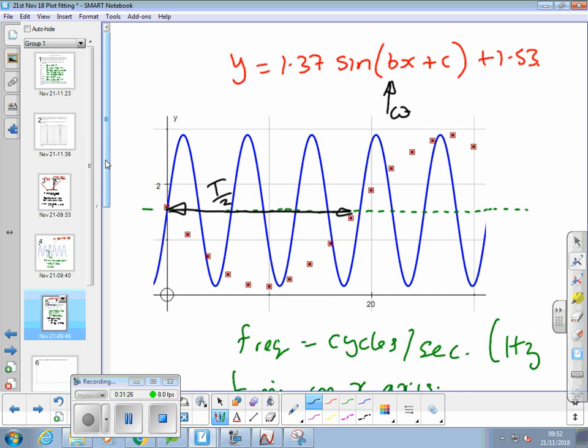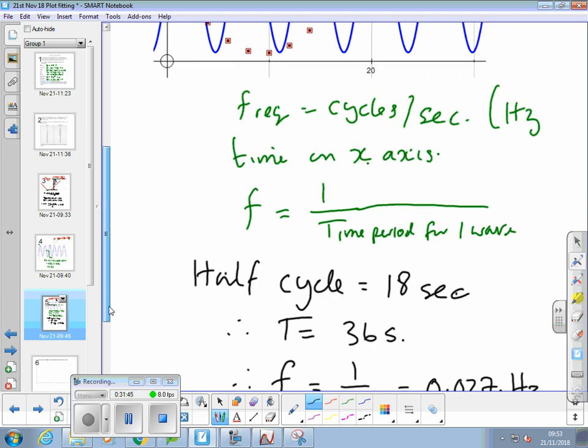In this form, that's omega x. So we need the frequency in angular frequency mode. We need to convert the frequency in hertz to omega.